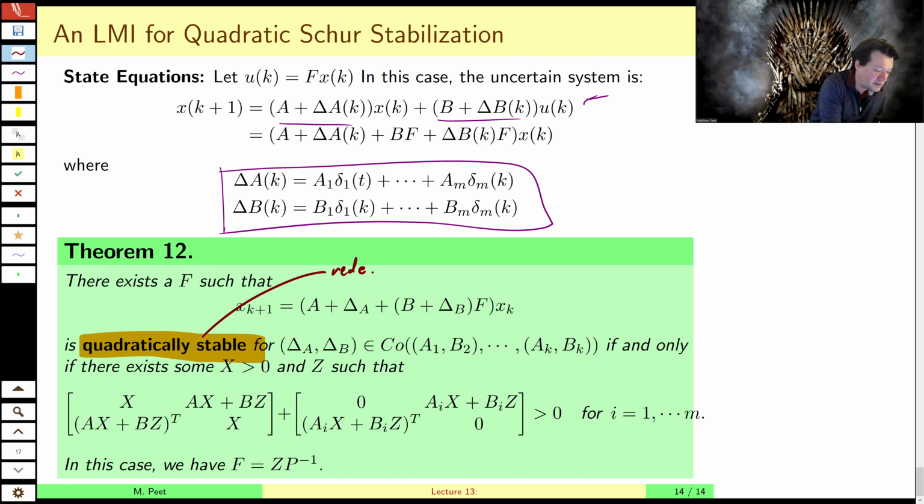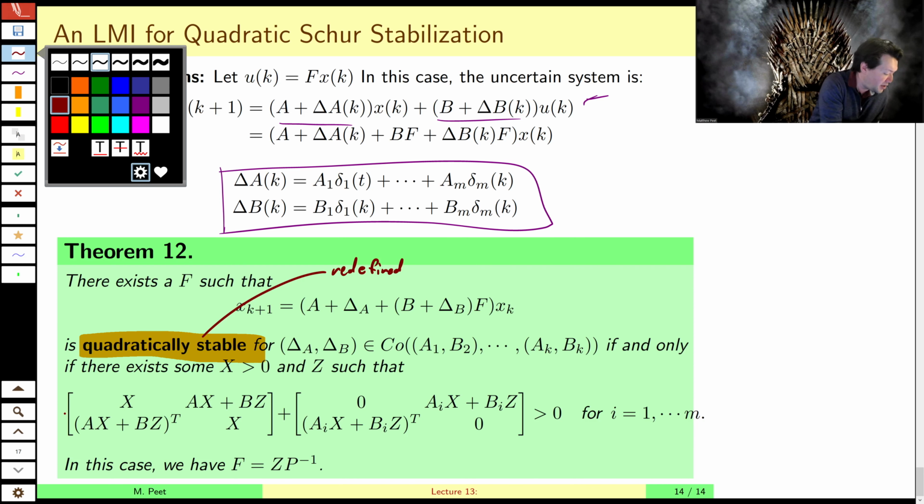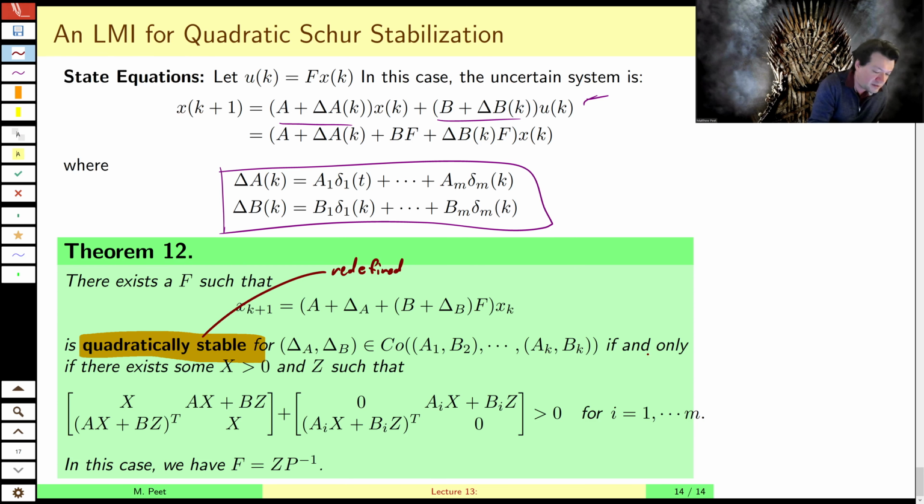But I think you can figure out what that is. There's a single Lyapunov function which works for every value of the uncertainty. But this is an LMI. It's if and only if, so no conservatism there. This is for stabilization in discrete time.